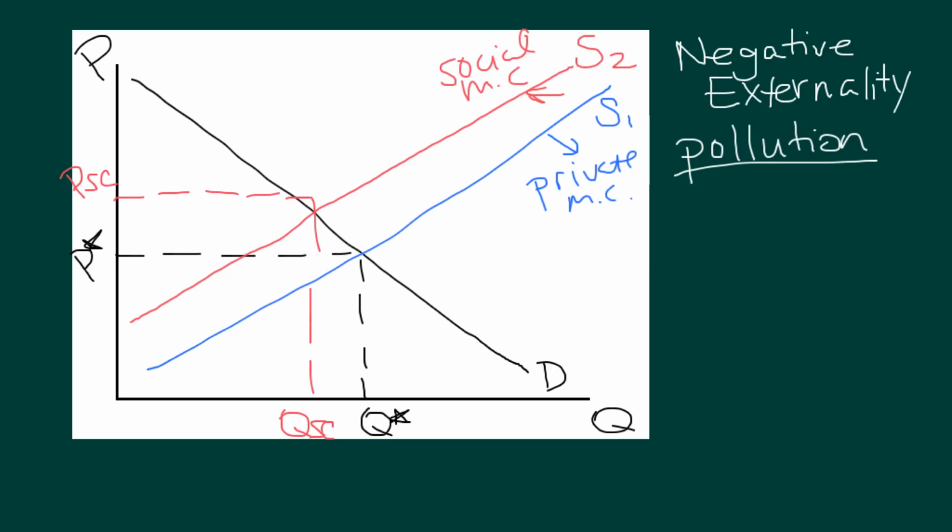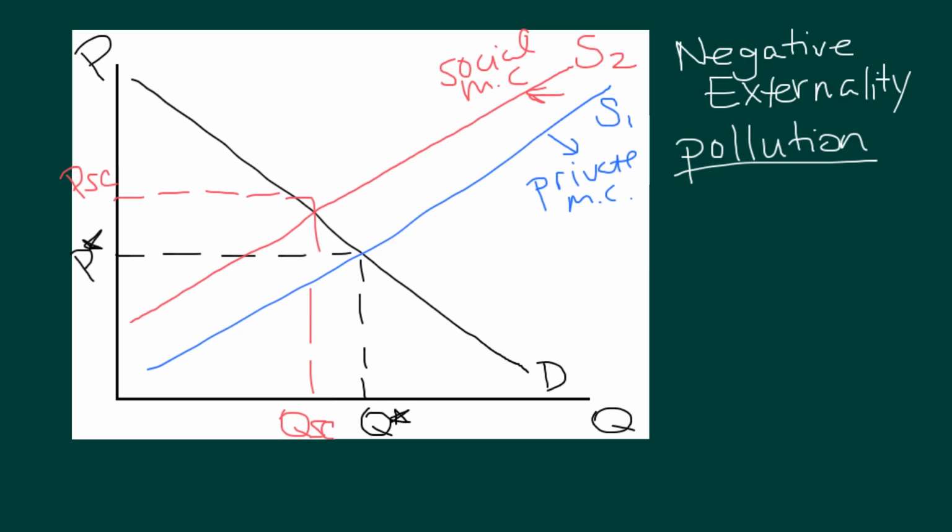All right. So what I want you to take from this is an understanding that there can be situations, they're called market failure, that the market left to its own devices is not taking into account all the cost of production. And so we end up with an overproduction from society's point of view. How do we go about fixing it?